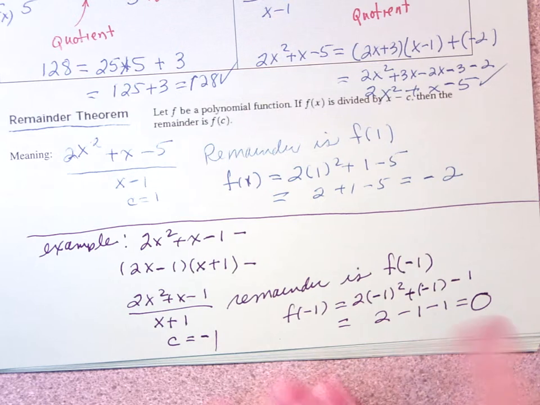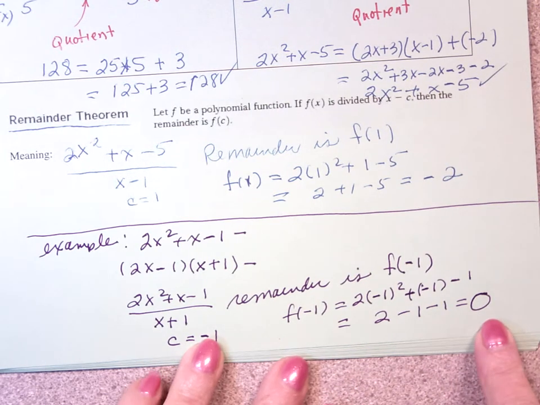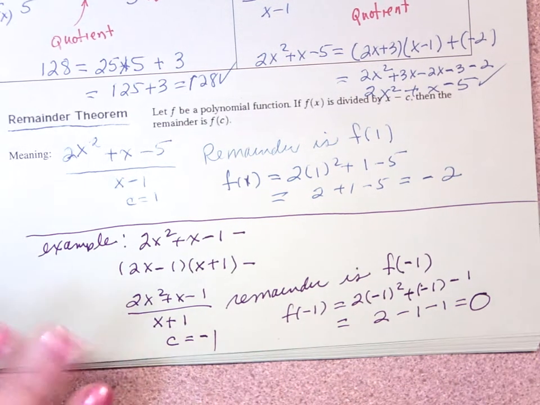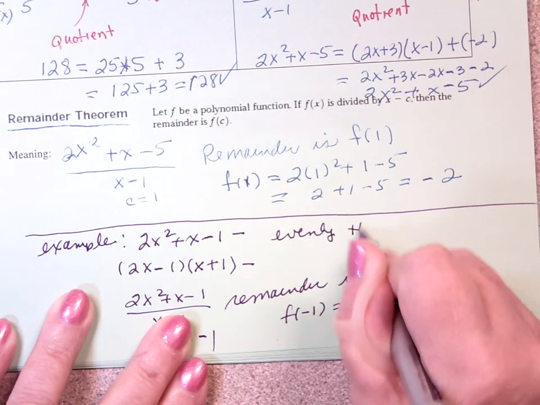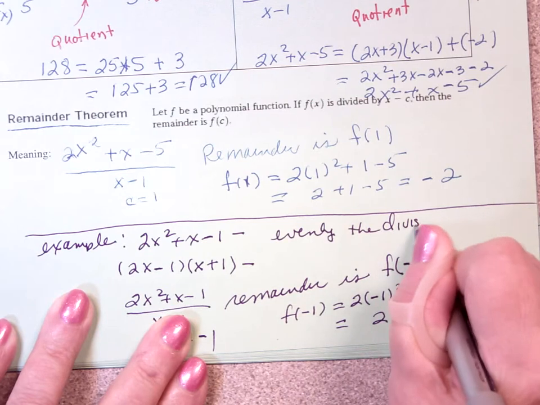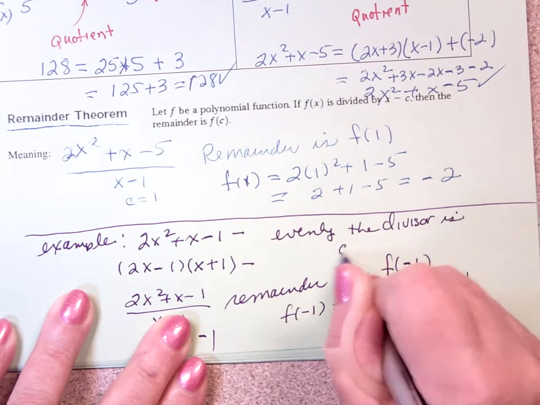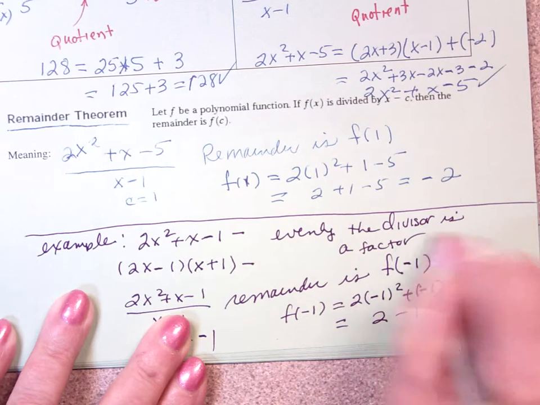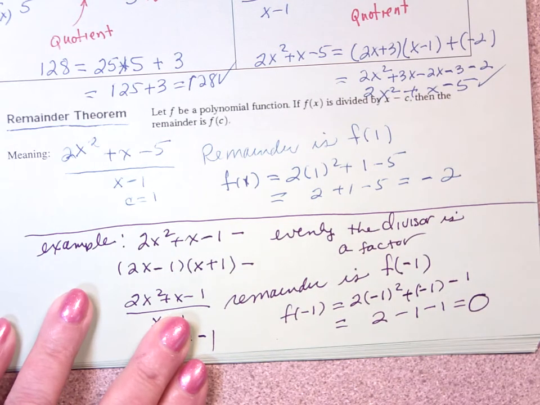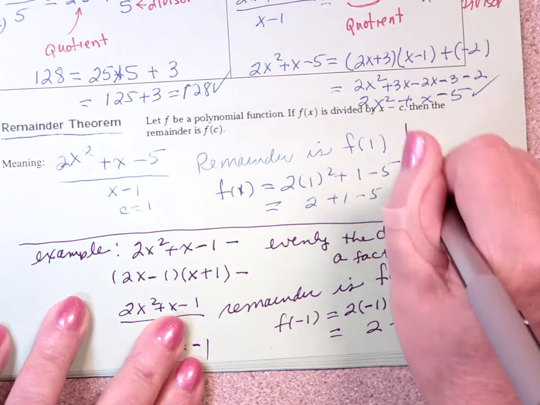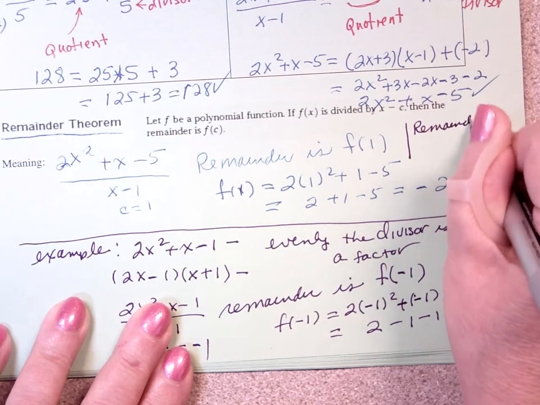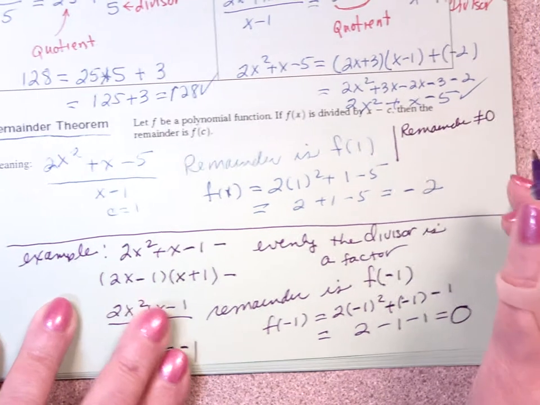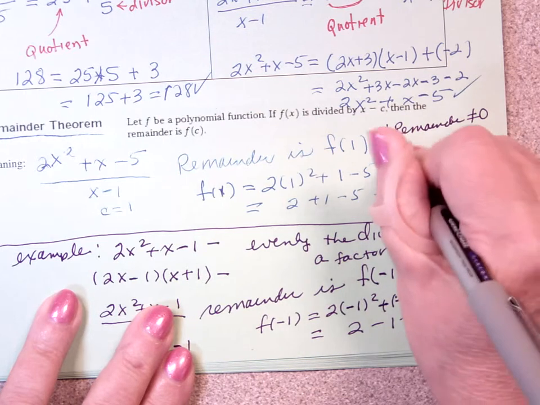So that means if it divides evenly, then the divisor is a factor. Remainder not equal to 0, divisor is not a factor.